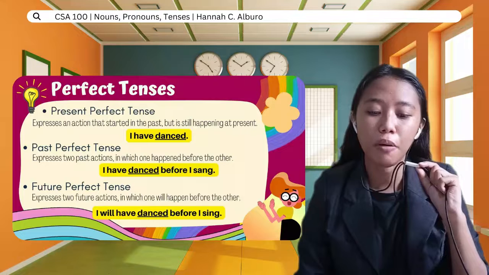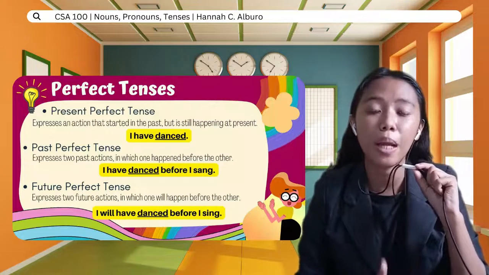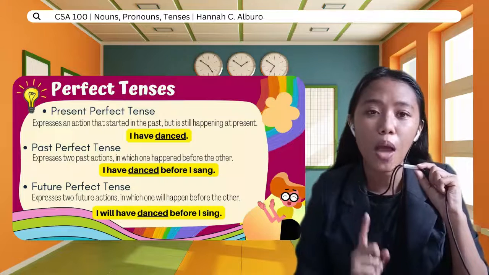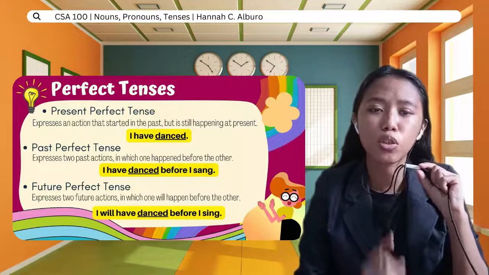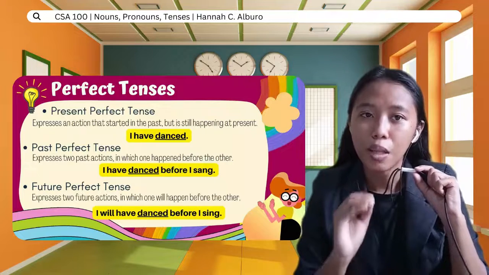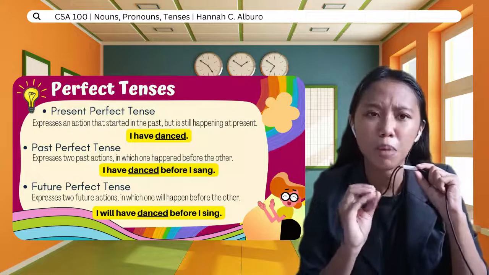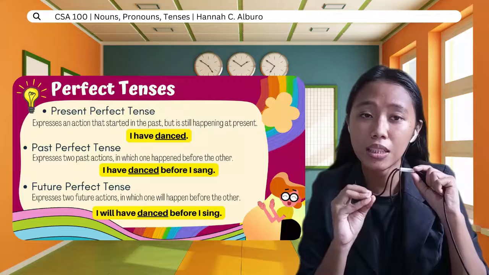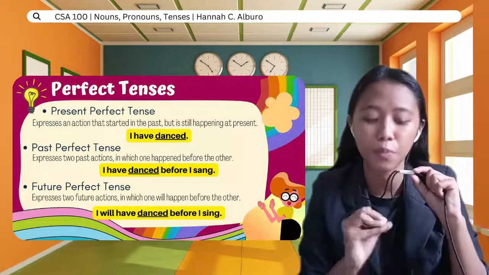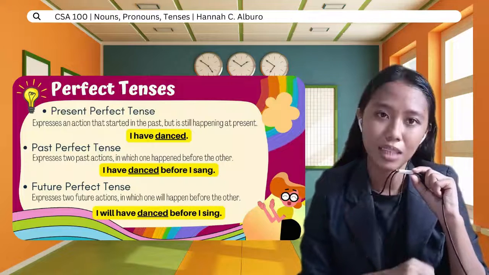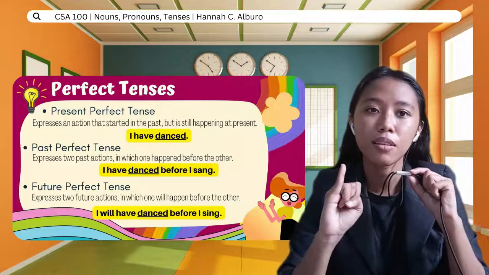Now, the future perfect tense expresses two future actions in which one will happen before the other. So, I will have danced before I sing. Of course, we should not forget the modal will plus have plus danced, still in the past participle even though it is in the future. Since it is perfect, past participle is our verb. So notice in perfect tenses, what was that again?